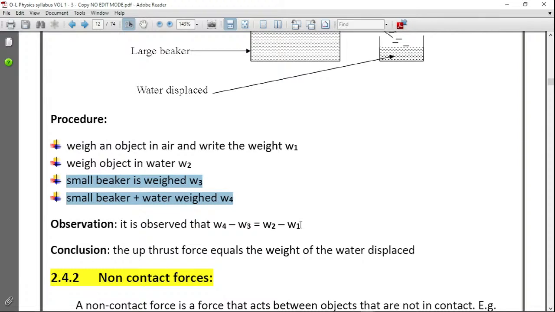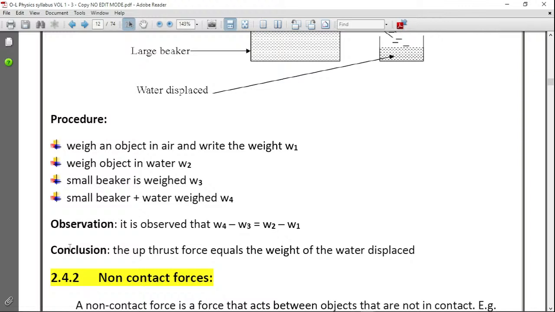That is, the weight of the stone in air minus the weight in water will be equal to the weight of the beaker plus water minus the weight of the empty beaker. So this is what you're going to see.